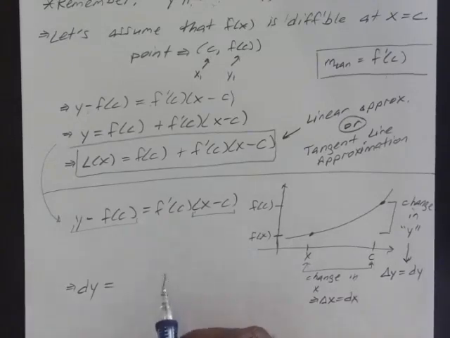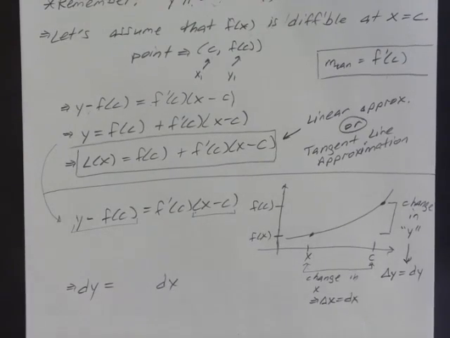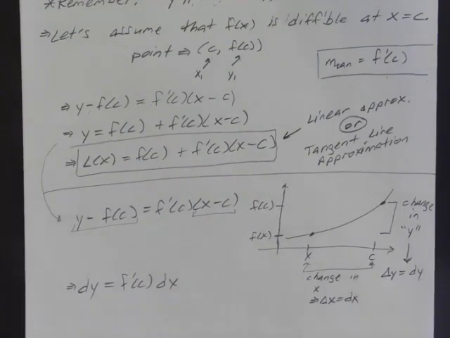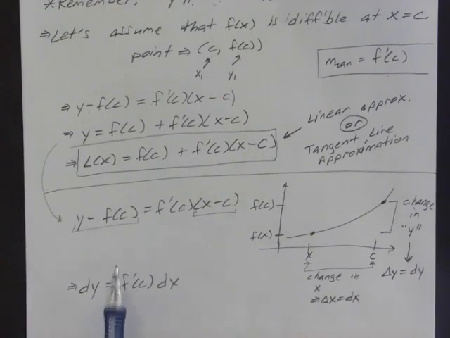So that gives us our dx. Okay, so it's f prime of c, well, dy is equal to f prime of c dx. This is your differential form at x is equal to c.